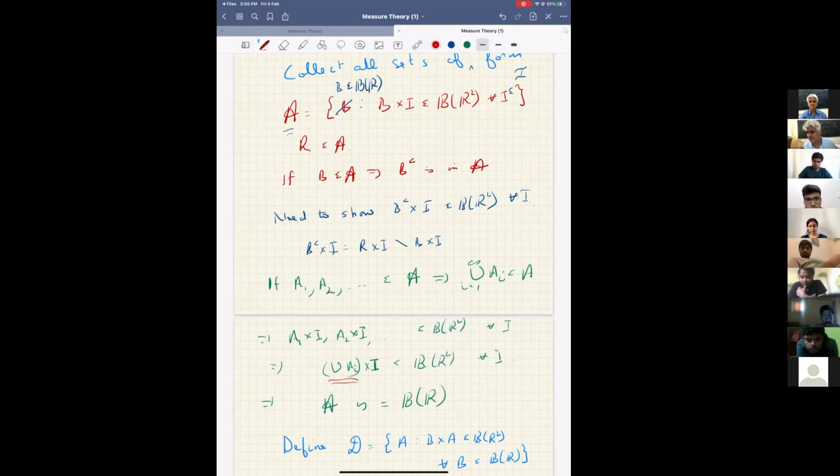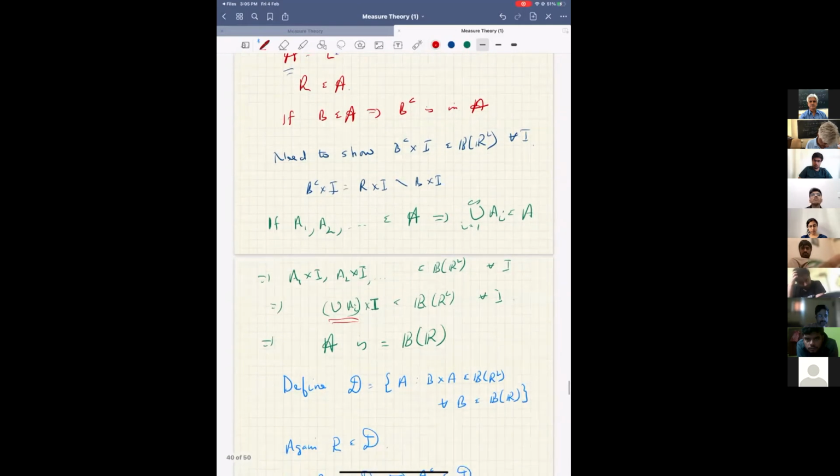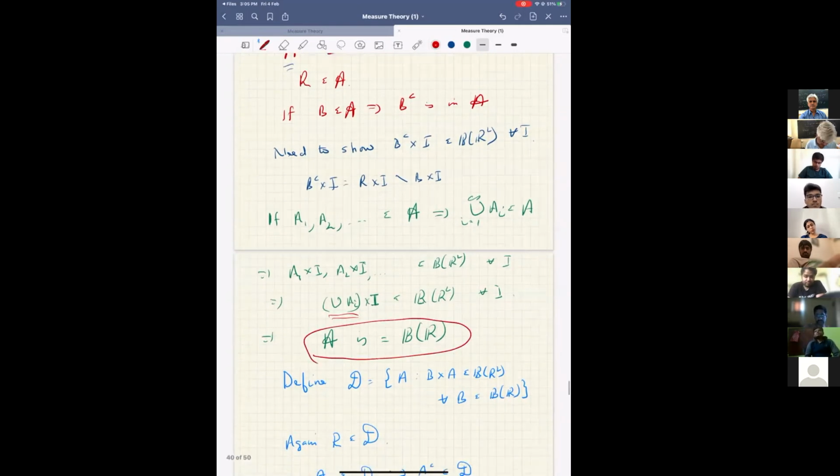It's a subset of the Borel sigma algebra, I kept it that way. It's a sigma algebra which contains all the intervals, so it's at least as big as B of R, but it's also smaller than B of R, so it's equal to B of R. Okay, so A is B of R, that's where we are.